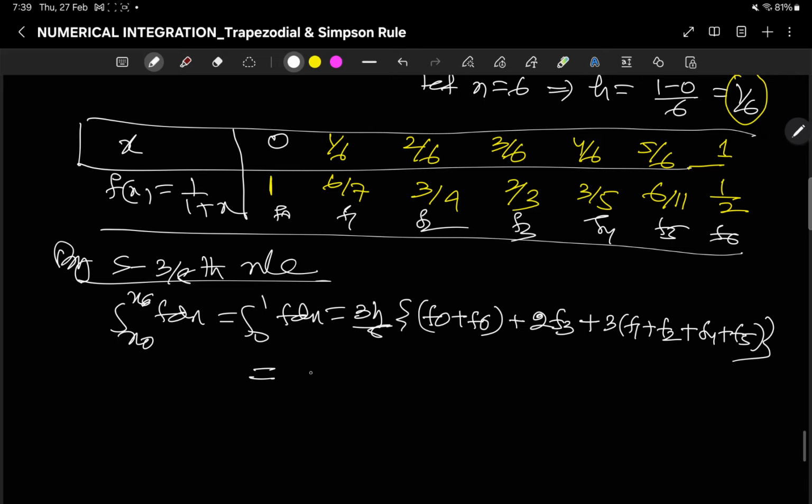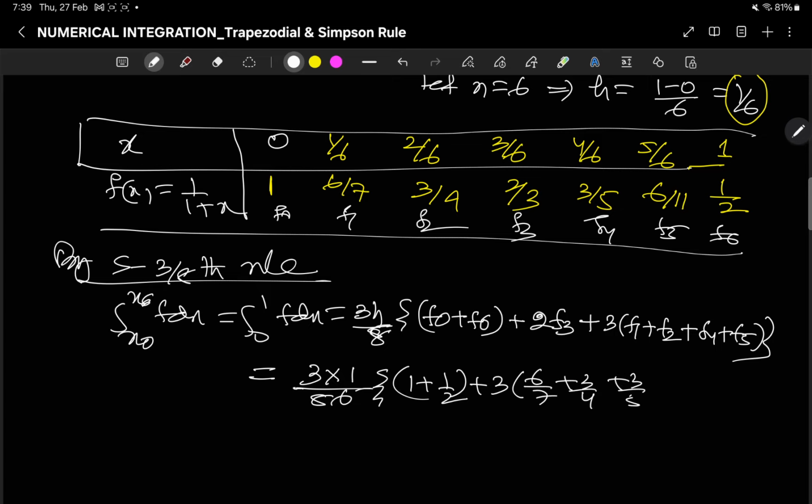So it is 3 into 1 by 6 by 8, and it will be 1 plus half, if I substitute, plus 3 into 6 by 7 plus 3 by 4 plus 3 by 5 plus 6 by 11, and plus 2 into f3, which is 2 into 2 by 3.